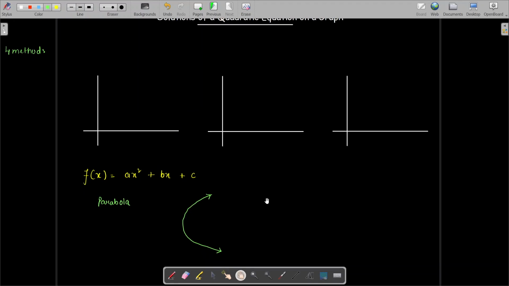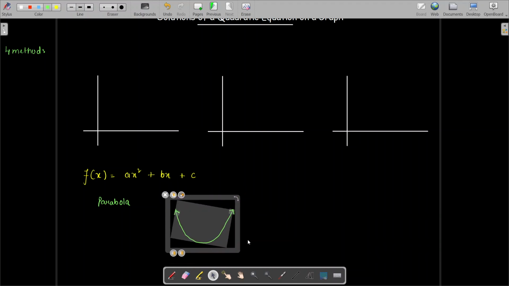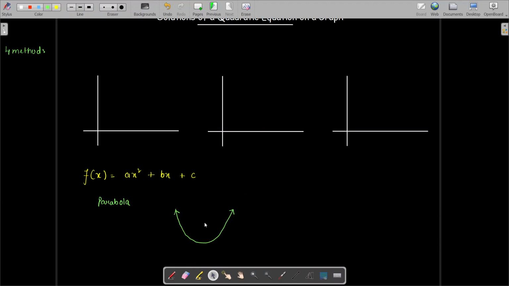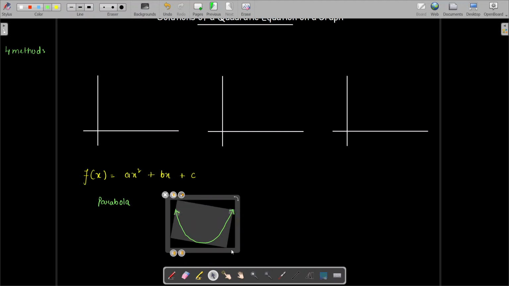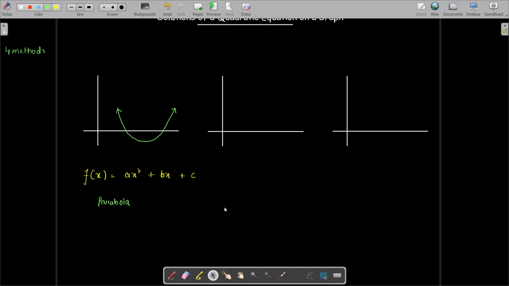Also, there is one more thing: the points at which this parabola intersects the x-axis. So for example, if I take this parabola and put it over here, let's say this is the graph of some quadratic equation.